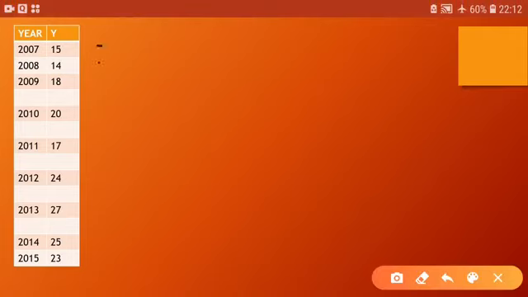First 2 years blank. In third year you have to take 18, 2 up, so 15 and 14, and 2 down, 20 and 17.